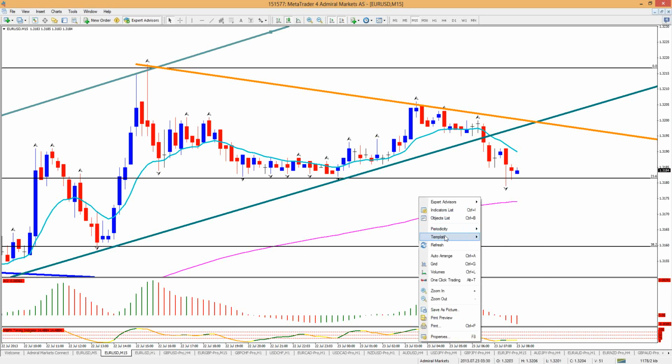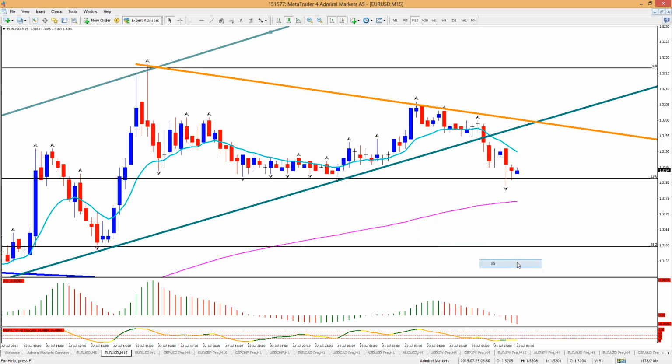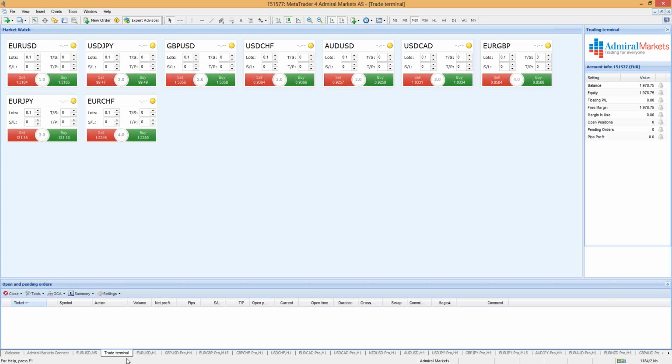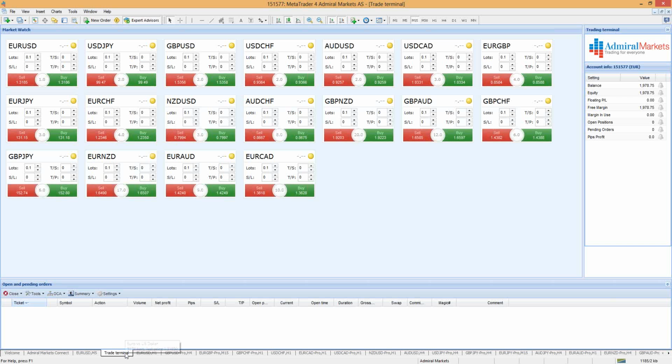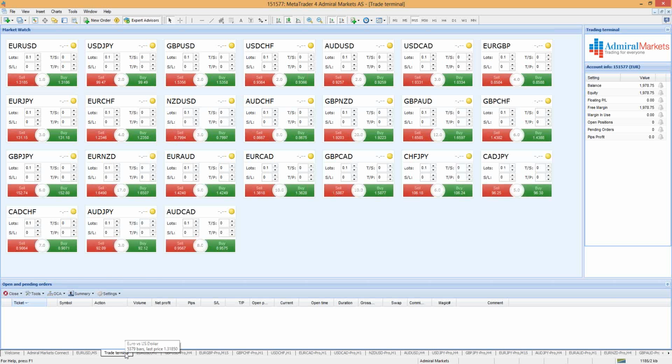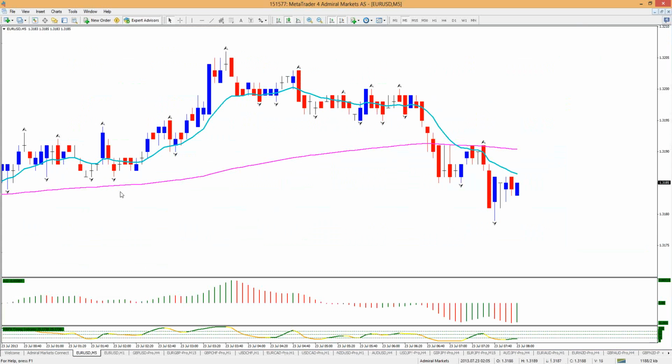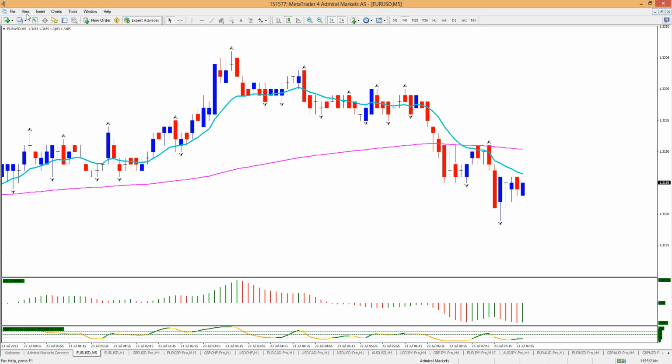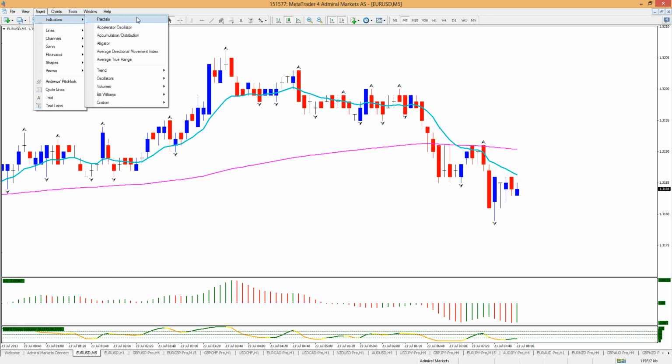I forgot about that template I wanted to do. Of course. All right. I'll still have to fix that, but let me just quickly add an 89 EMA here.